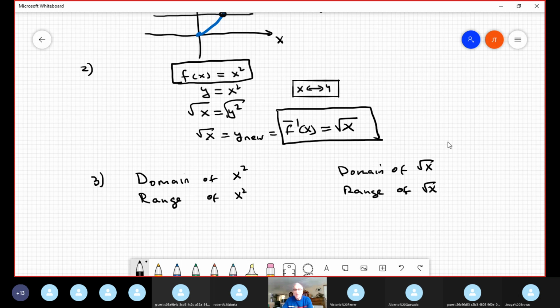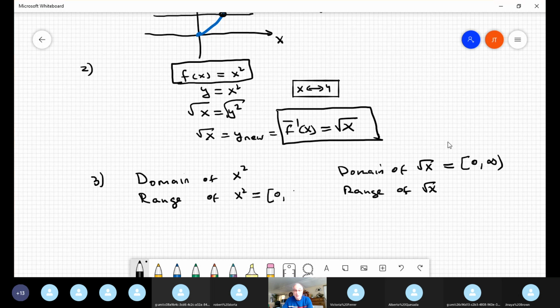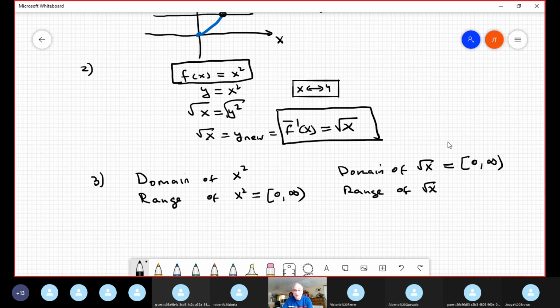It's obvious that the domain of the square root of x is from 0 to infinity, and this is exactly the same as the range. And the domain of this is given. Remember, it was x greater than or equal to 0. In interval notation it is 0 to infinity, and this is exactly the same.